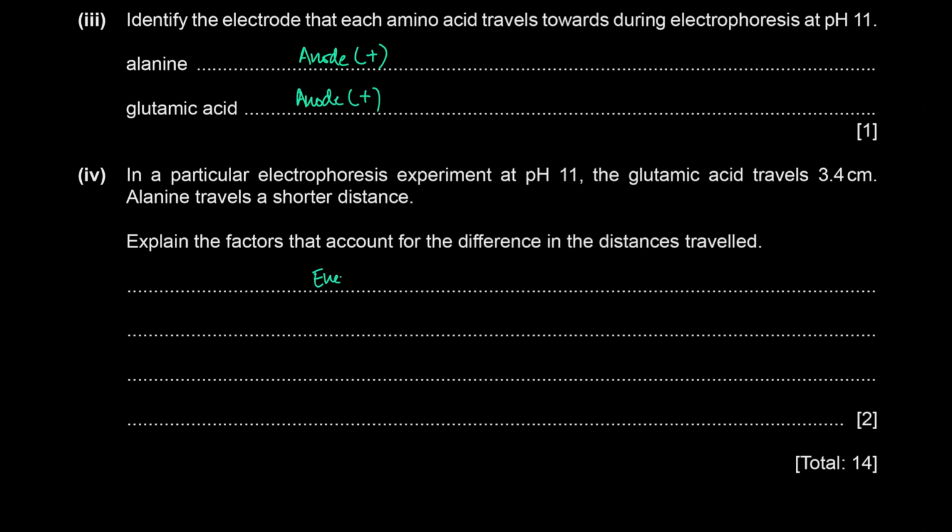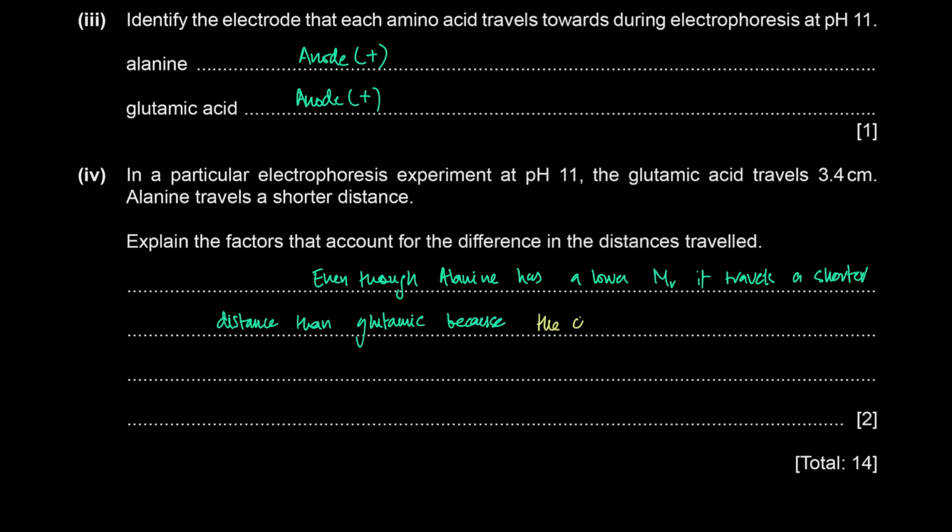So the idea here is that even though alanine has a lower Mr, it travels a shorter distance than glutamic acid, because the charge on alanine is -1, whereas on glutamic acid it is -2.